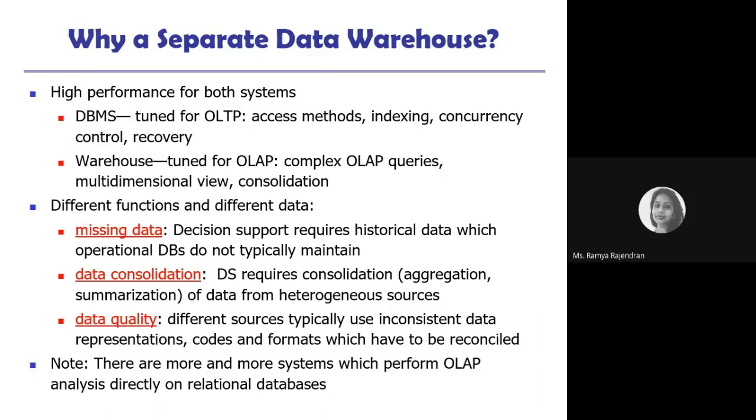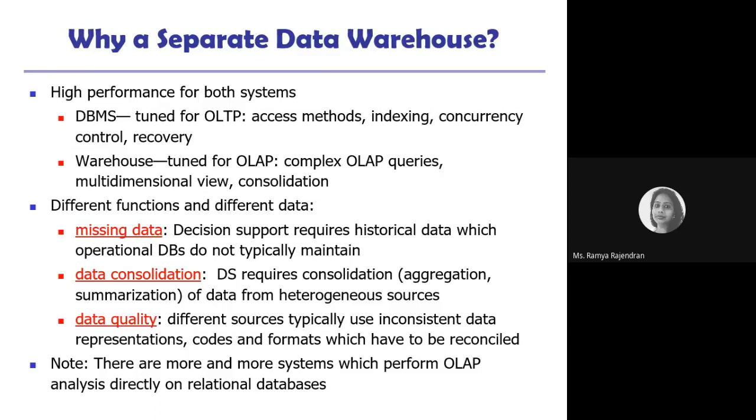Okay, so we have to go for a data warehouse because of different functions. For example, missing data information will be available. There'll be a few missing data in operational databases, whereas in data warehouses it will not be there because they'll be having all the history as well. Okay, and data consolidation.